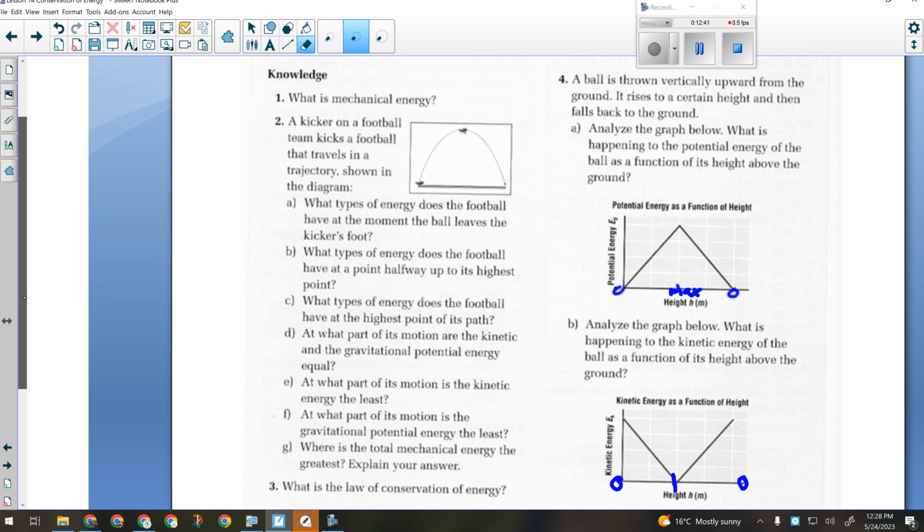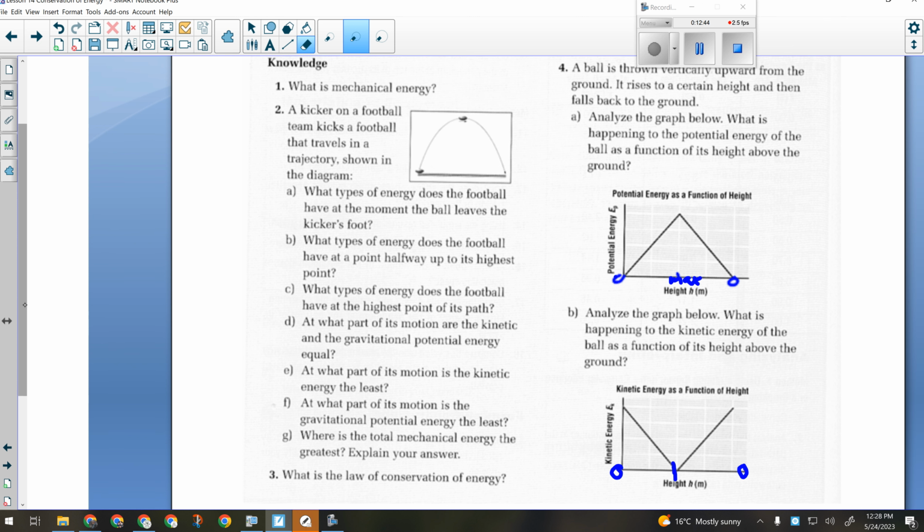All right, let's have a look at question number 2 here, where we're talking about the kicker kicking the football. So right here on the ground at the initial point, what kind of energy does it have? The kicker's foot is just about to make contact with it, and it's on the ground.